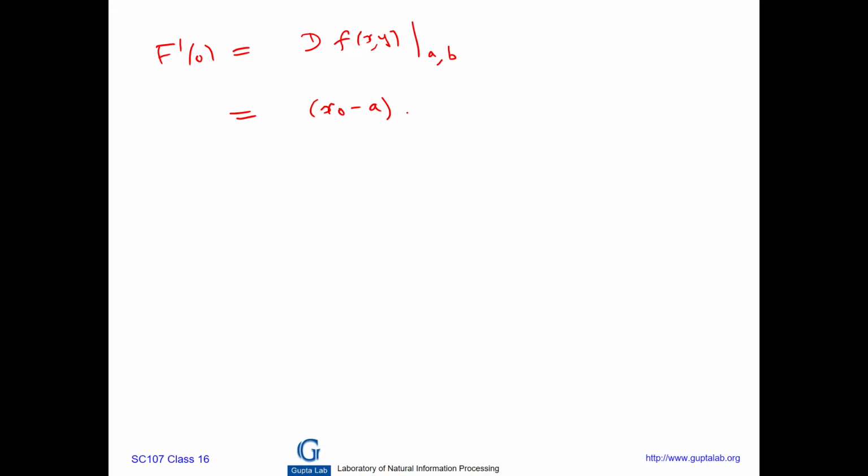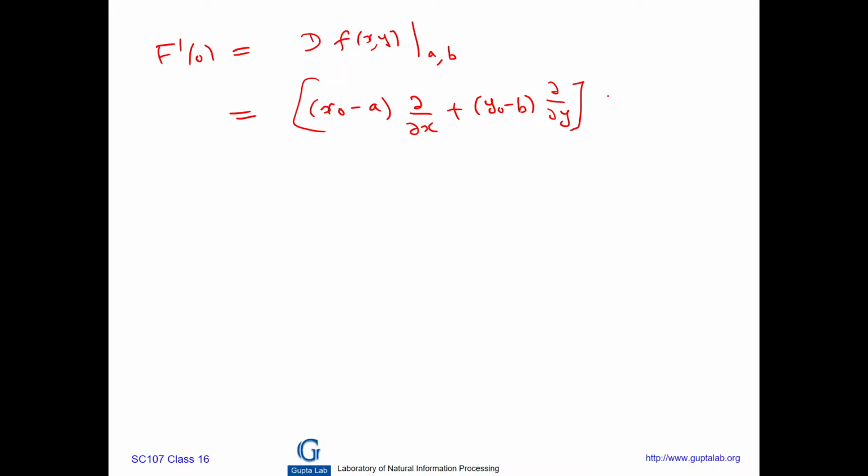This is the whole operator acting on f. So this is nothing but x naught minus a times del f over del x, which is f of x, plus y naught minus b times f of y, right?